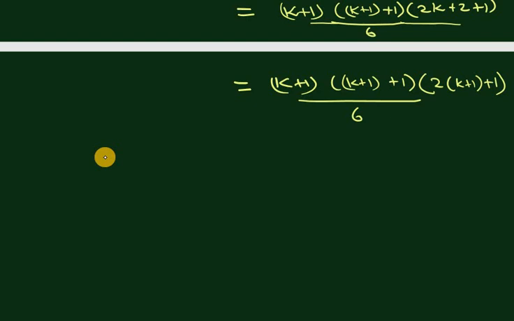Yes, which is a recurring form, and we concluded that 1 square plus 2 square plus 3 square plus etc. plus k plus 1 square can be written in the form of k plus 1 into k plus 1 plus 1 into 2 into k plus 1 plus 1 divided by 6. Therefore, P of k plus 1 is true.